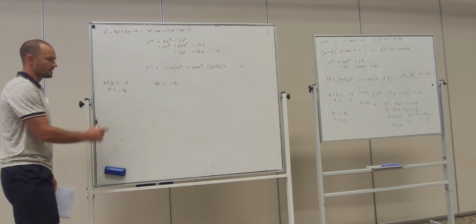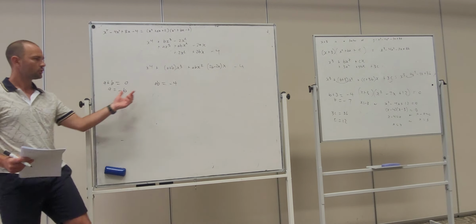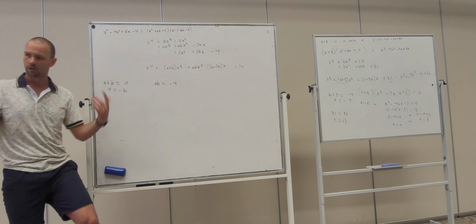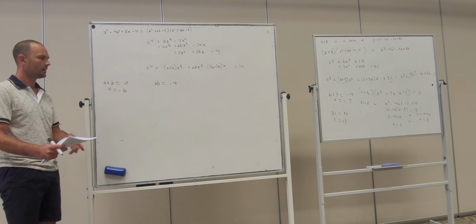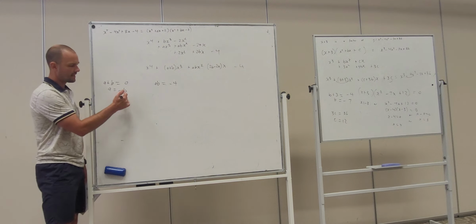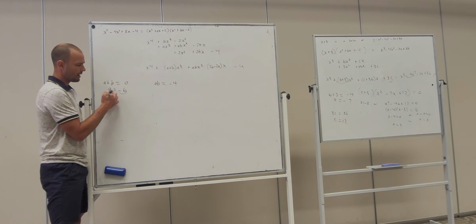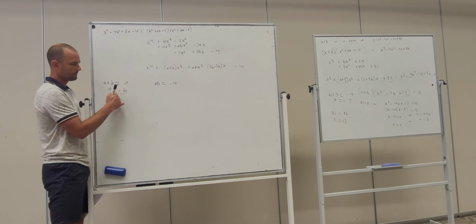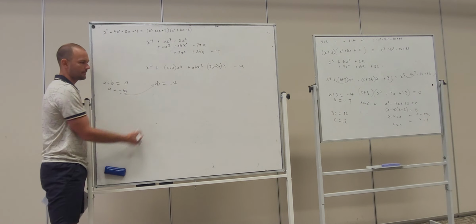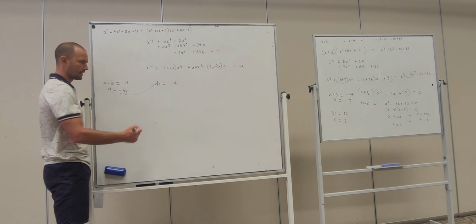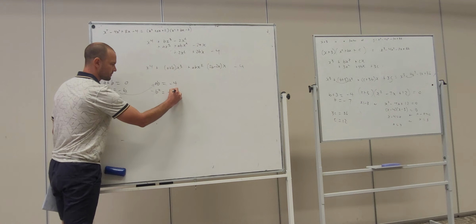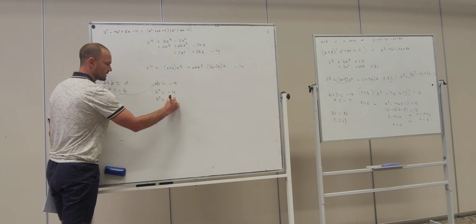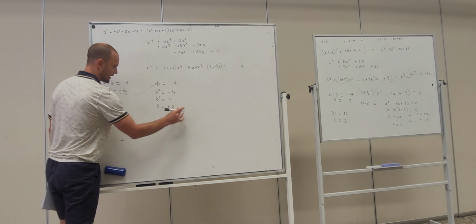Now we've got to bring these two pieces of information together to solve for a and b. I've got a is equal to minus b, so I'm going to substitute that in for a. It gives me minus b squared equals minus 4. So I have b squared is 4, and b is plus or minus 2.